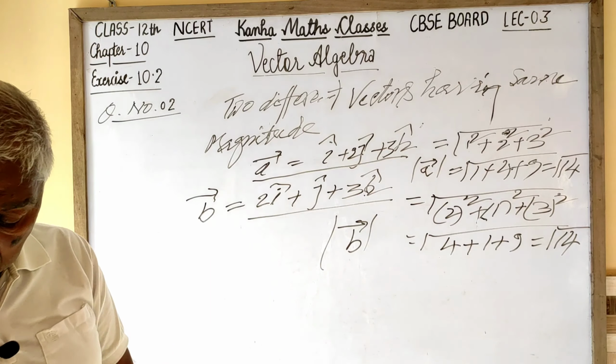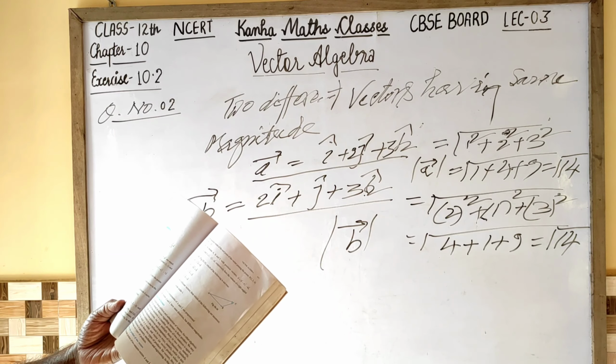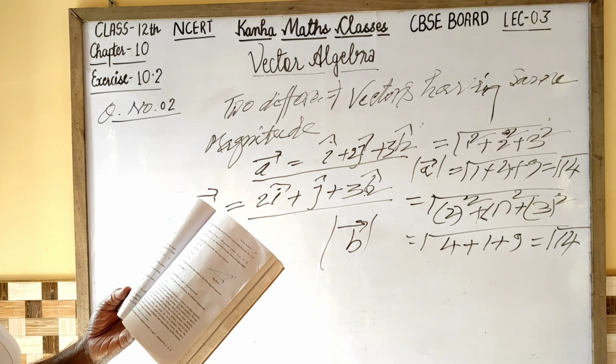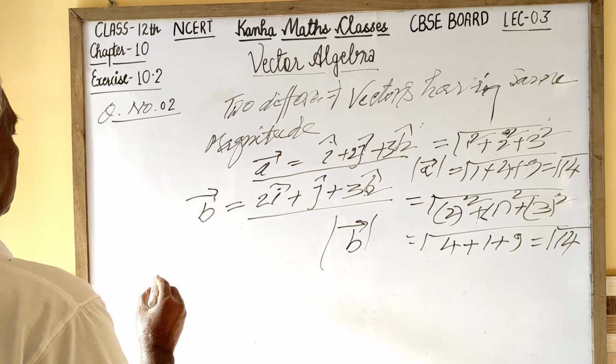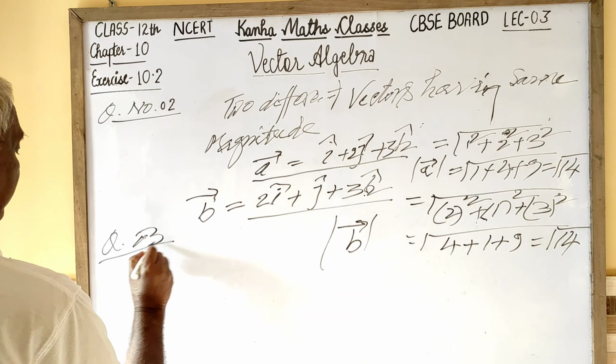Now we will come to question number 3, where we need two different vectors having the same direction.